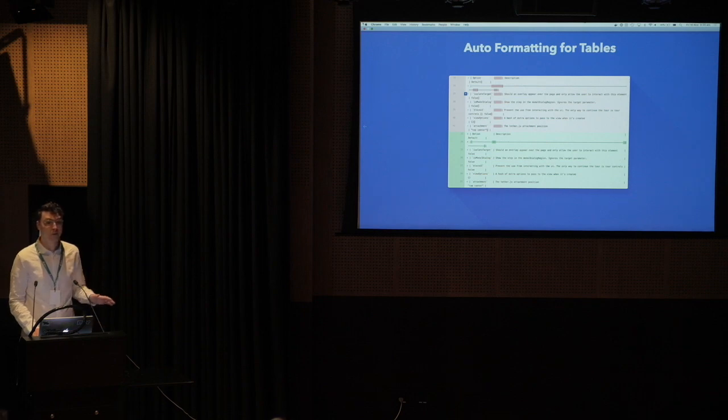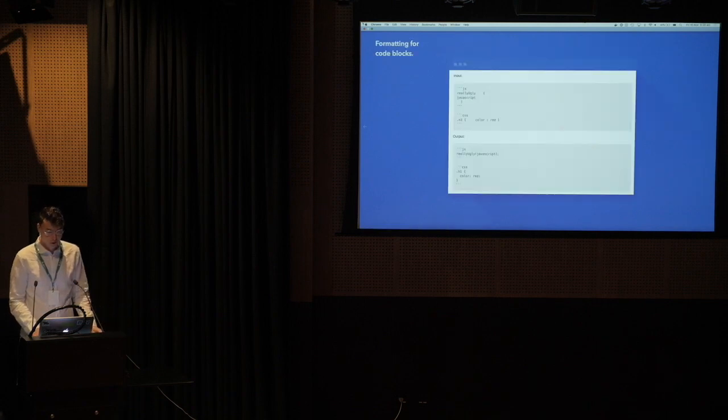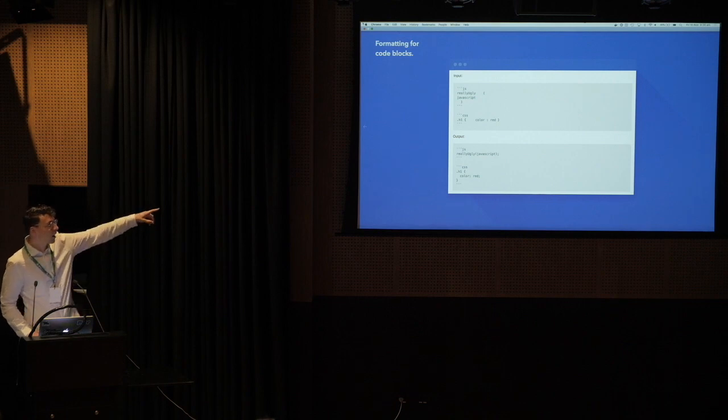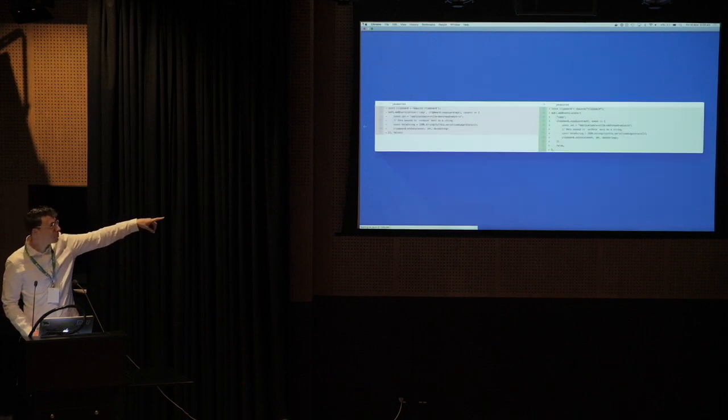This thing does it for you. And not only will it pick you up on when you've done it wrong, it'll rewrite the file for you. It also has a feature where if you specify a code block and you say which language it is, it'll reformat the code and make it more readable.